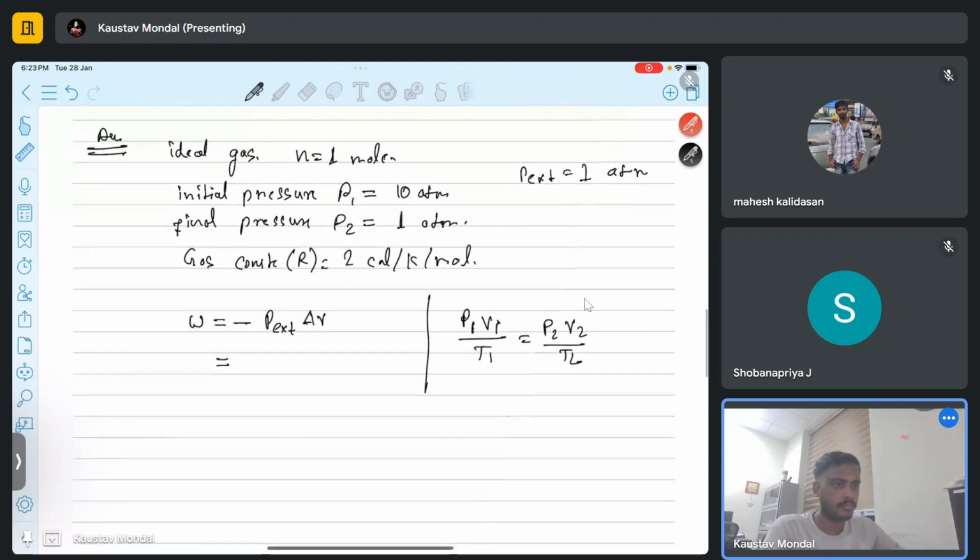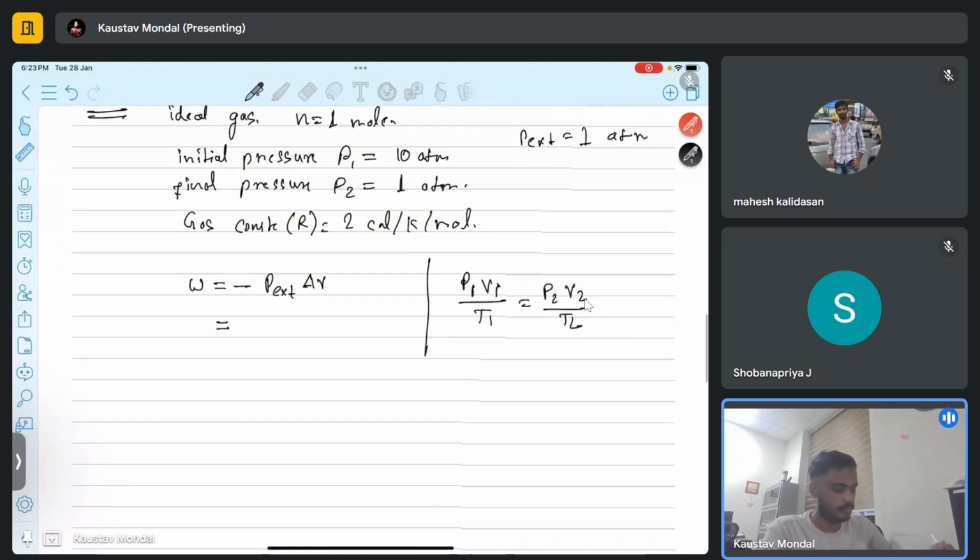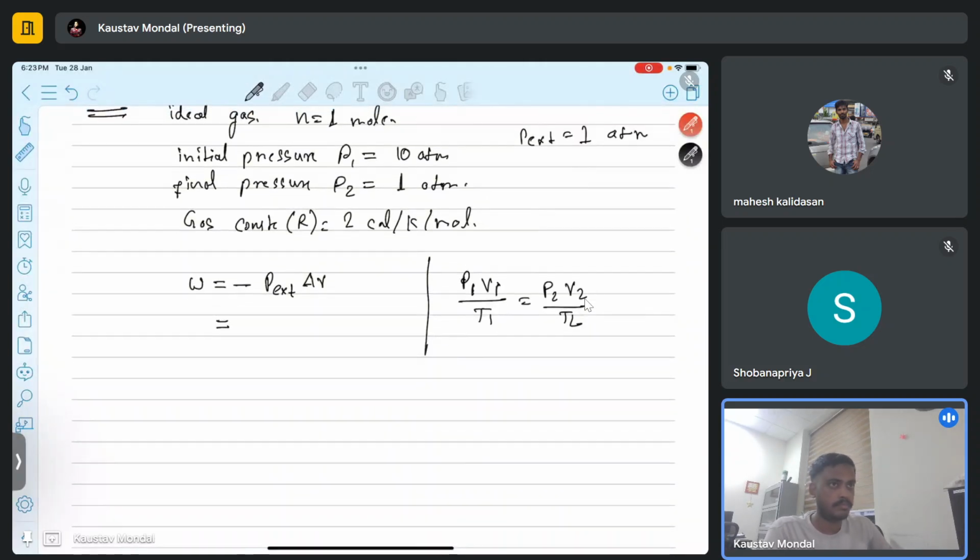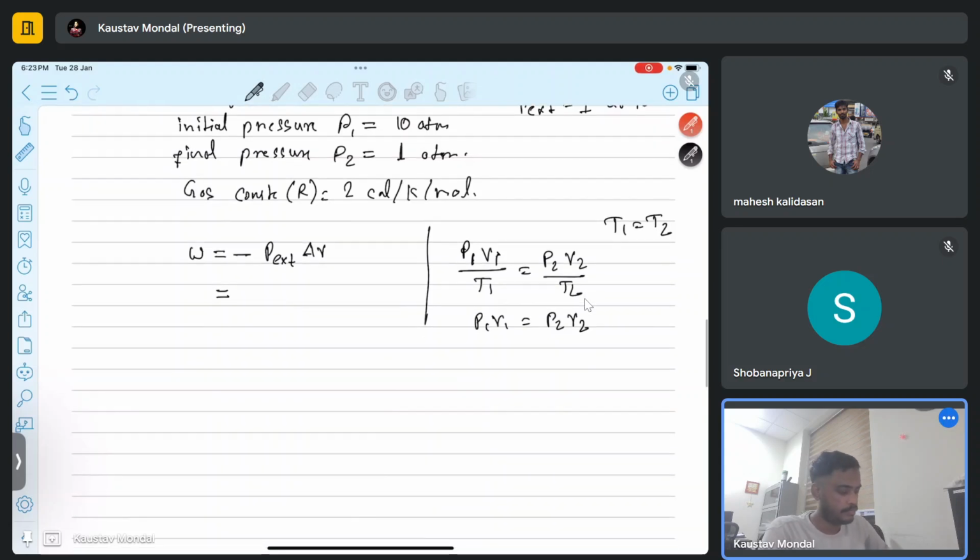Here T1 and T2 are equal, so we can write P1 V1 equal to P2 V2. Now we come back to our main equation, delta V equal to V2 minus V1.